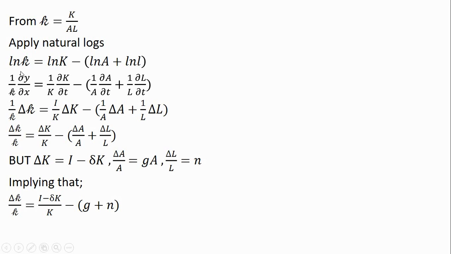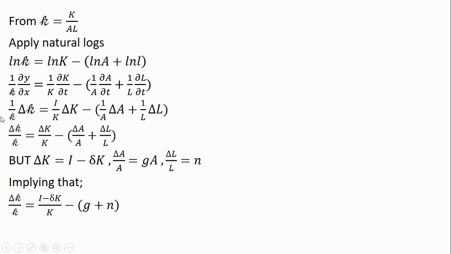Remember, d kappa dt is more of a change in kappa. dk dt is change in k, dA dt is change in A, dL dt is change in L. So what I did here is to represent this dk dt with a change in k, and dA dt with a change in A, just to simplify. I came up with this equation.